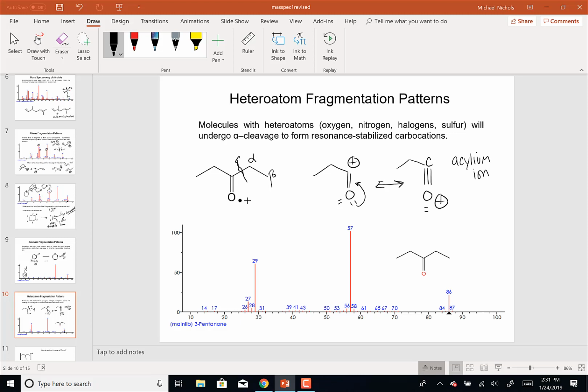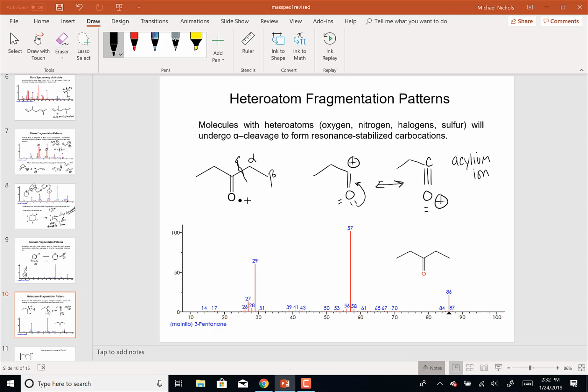Carbonyls, like ketones, do alpha cleavage. And so in this case, you can probably guess what the 57 peak is. Well, if it's me, I go, okay, 86 minus 57 is not 15, it's going to be 29.